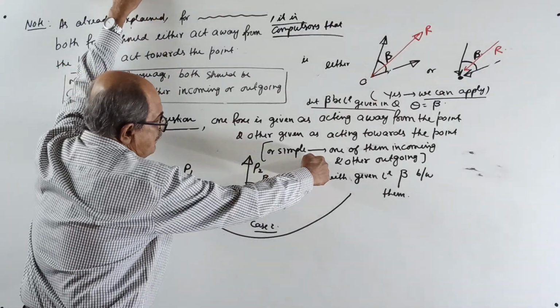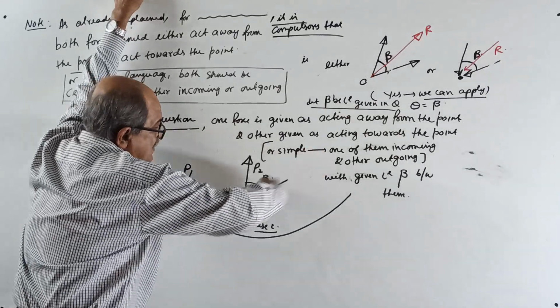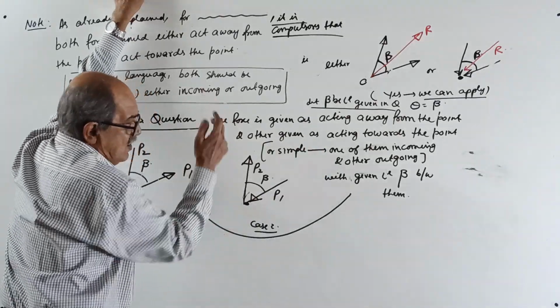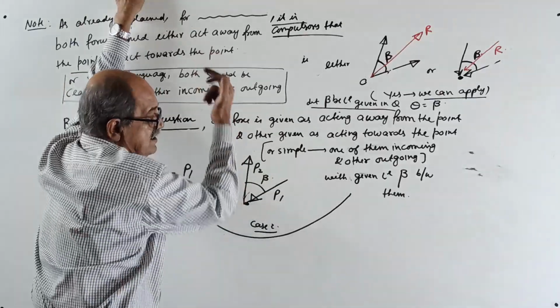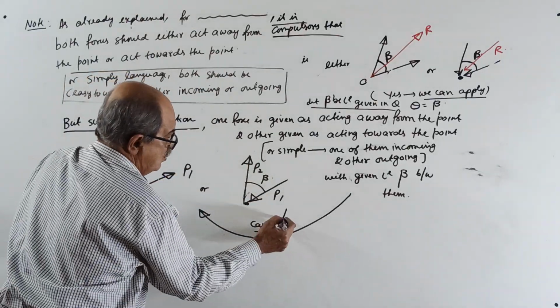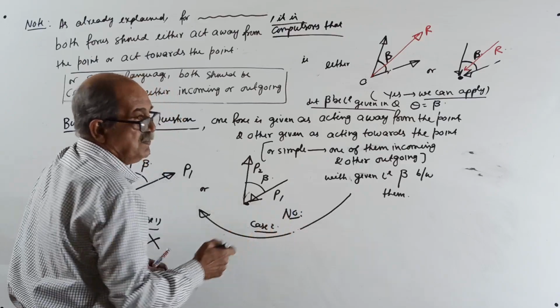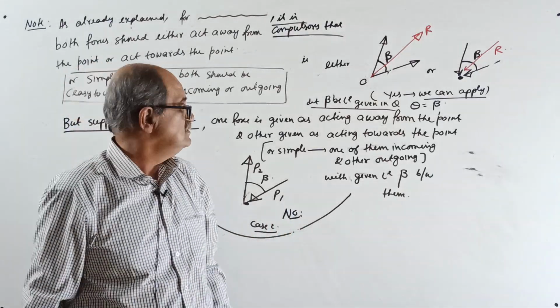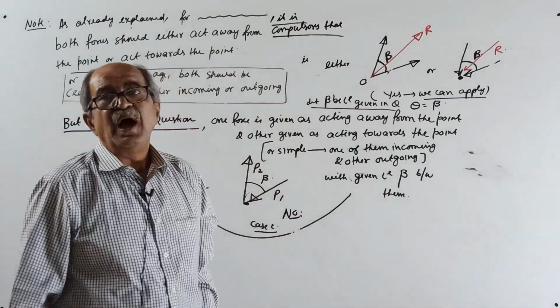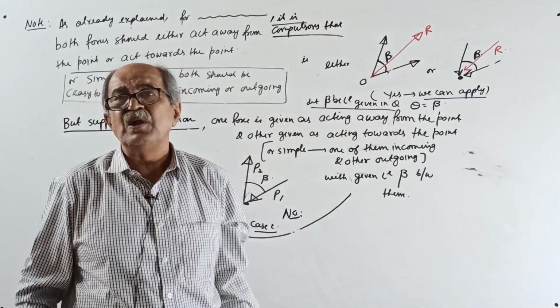Now case 2: P1 is acting towards the point, P2 acting away. In simple language, P1 incoming, P2 outgoing. Here also, some people will say we can apply, I know we can apply, but some modification is required. Therefore, here also our standard format you cannot use.